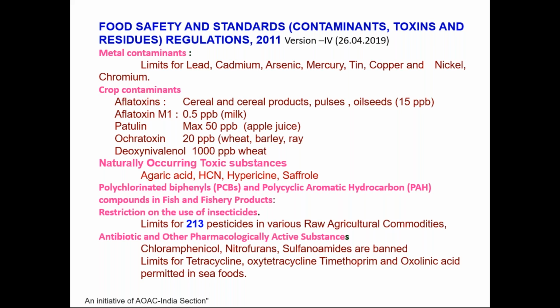Also, there are levels given for the PCBs and the polycyclic aromatic hydrocarbons in fish and fish products. The limits of 213 pesticides in various raw and processed agricultural commodities have been notified. So you cannot exceed those limits.